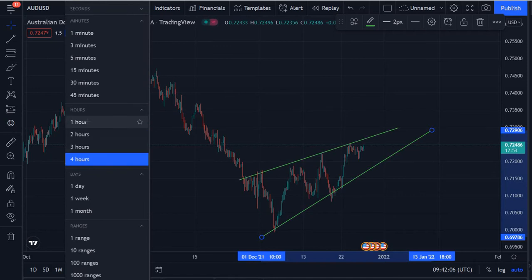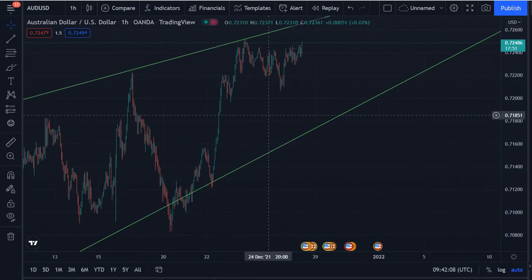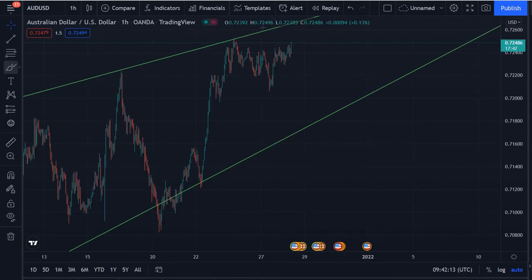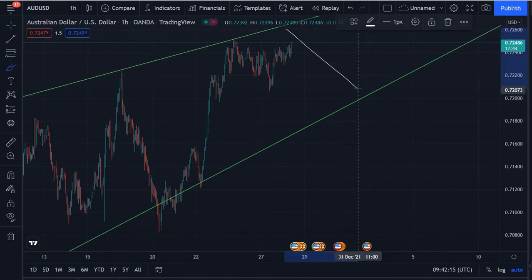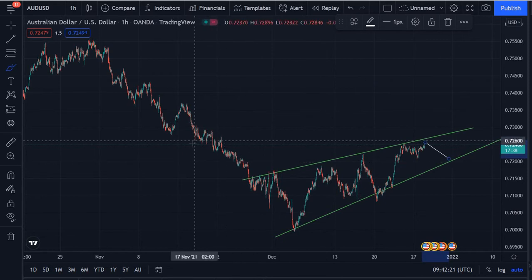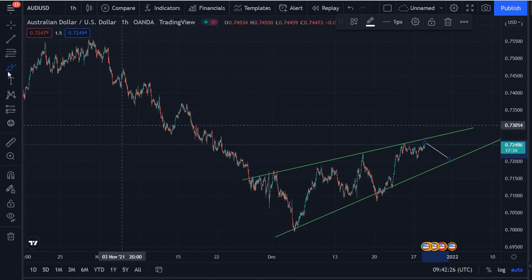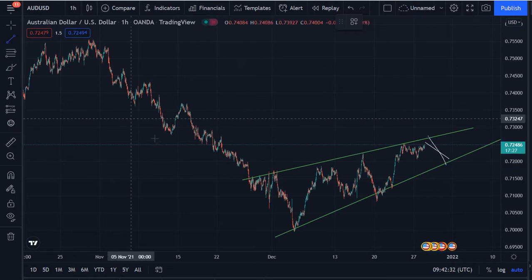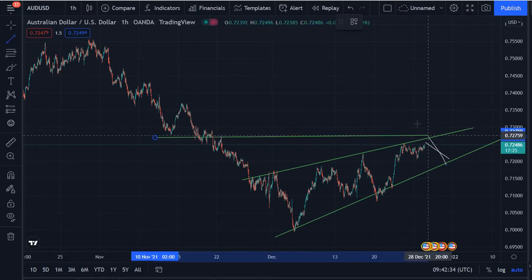If we take a look at the 1-hour chart, basically here we could pull back again to the lower line of this wedge that is being formed here, kind of a bit of a resistance zone. So the pullback could start somewhere around here probably.